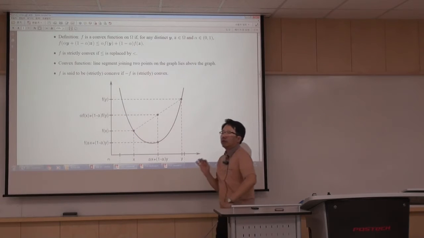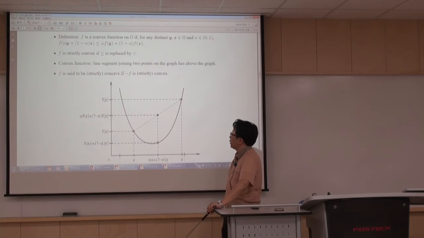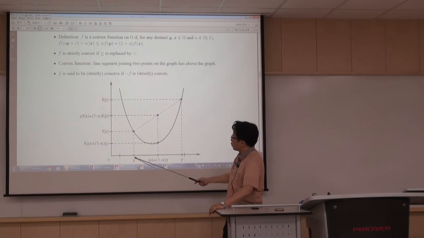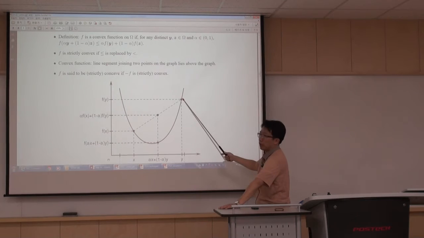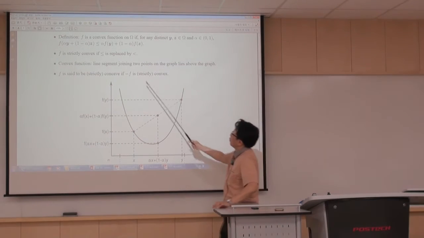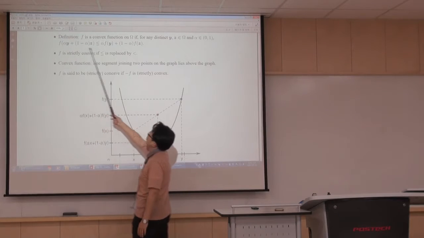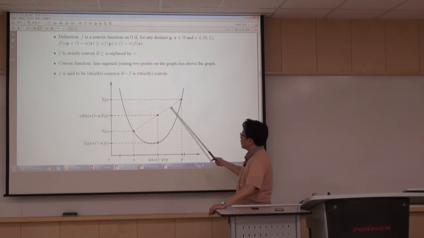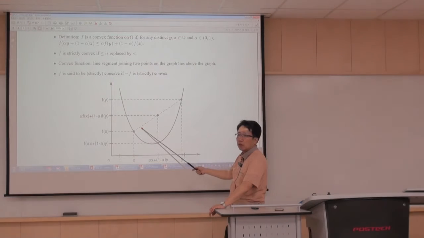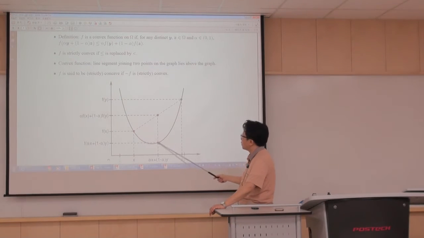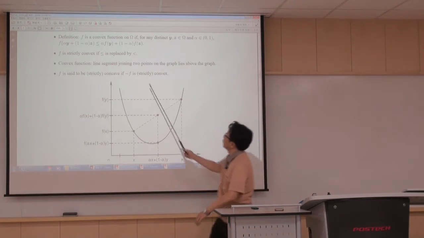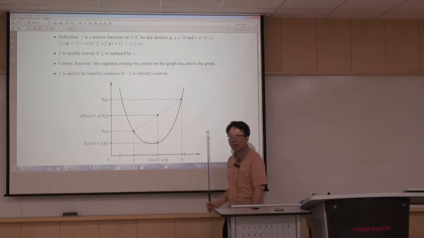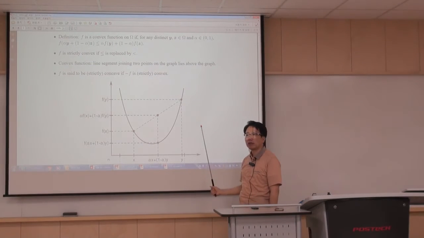Now, for better understanding, let's connect these 2 points, x comma f of x and y comma f of y. Then what does this mean? This means that this line segment is always above this curve, right? See that? This is the curve and this is the line segment. Okay, so this is convexity.